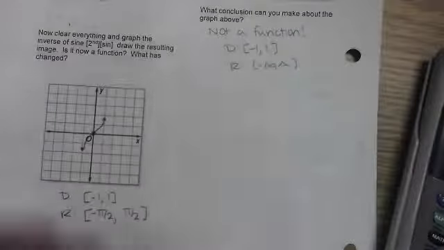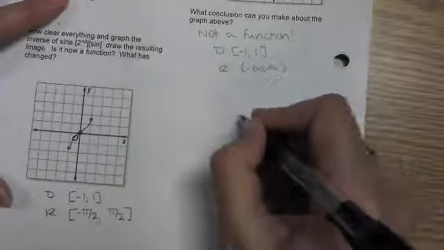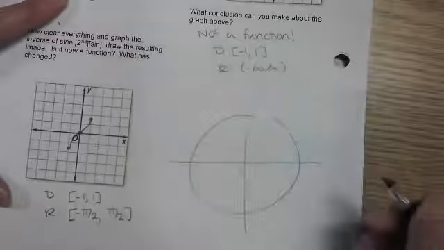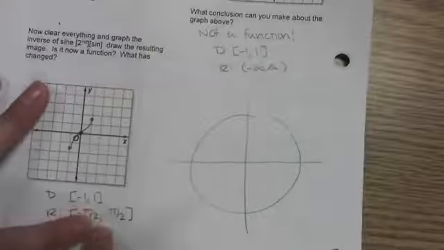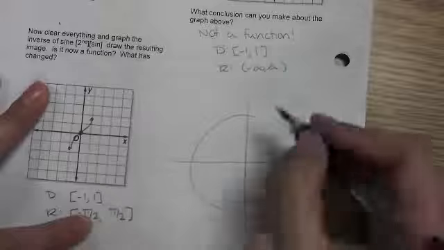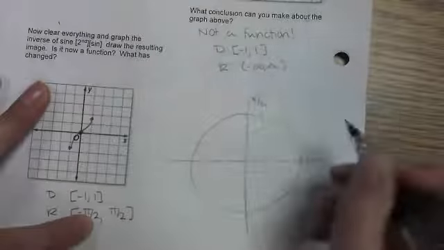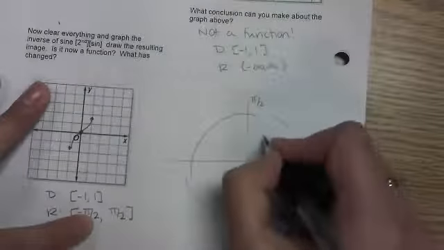So, just to help us out, when we are looking at sine inverse, we're going to go ahead and draw a unit circle. The values that go to pi halves, like pi halves is right up here, right? So anything from 0 to pi halves would be in quadrant 1.